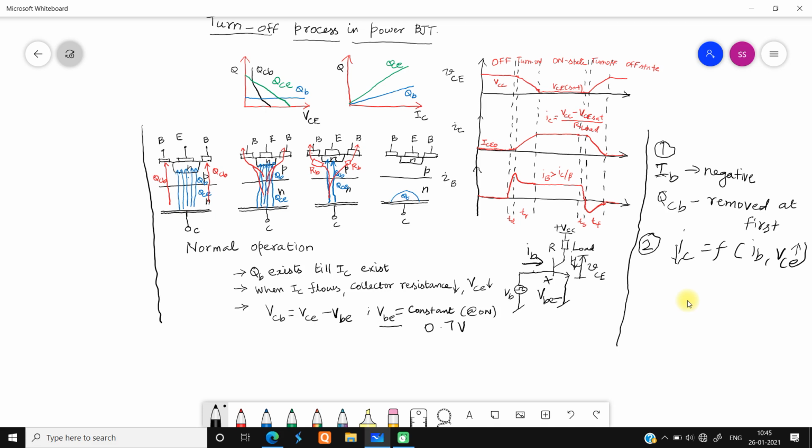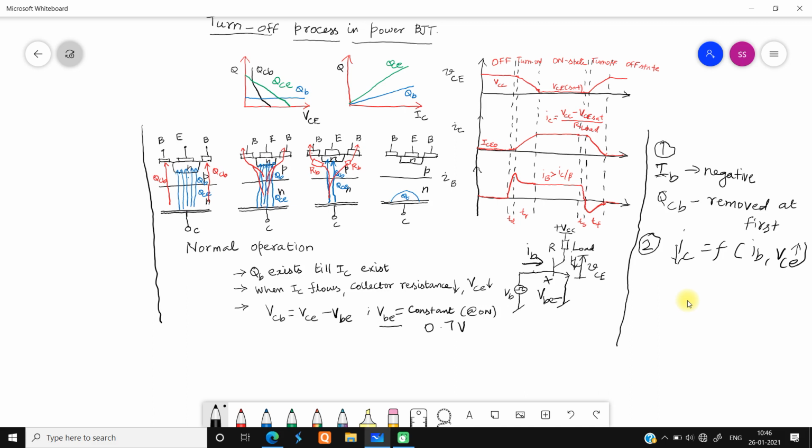Since this device has the early effect into consideration, the amount of VCE which is increased will be enormous when IC and IB go in the negative directions.